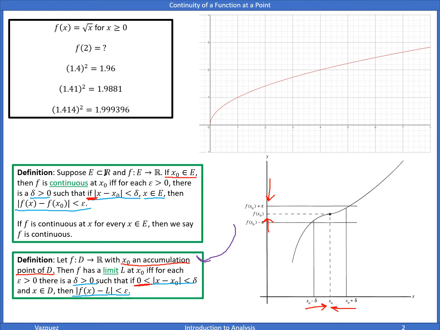So it's a lot like the limit definition. But now I want to go over that case where X naught isn't an accumulation point. Because again, the definition of continuity doesn't require it to be an accumulation point.